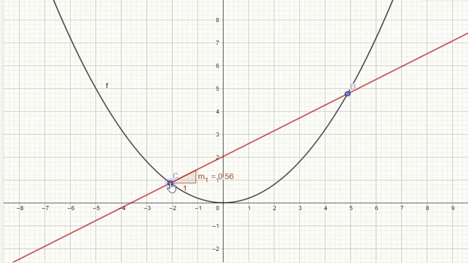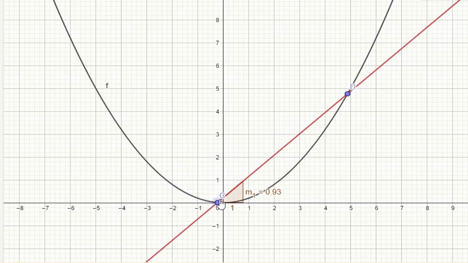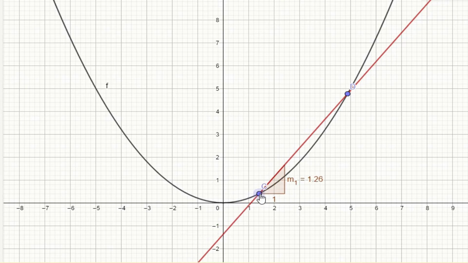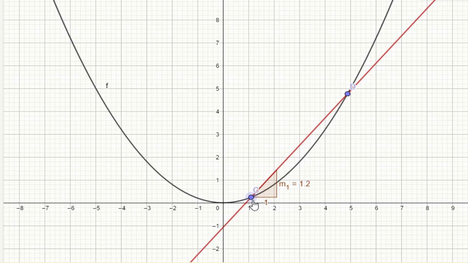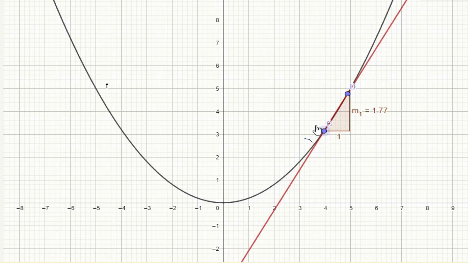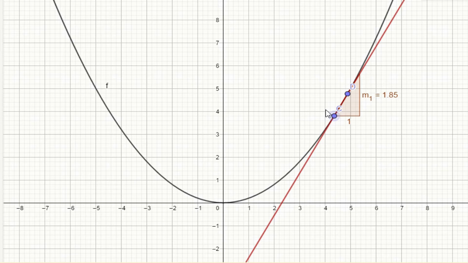As C is moved closer, you can notice that the slope, which is m1 here, is 1.13. The slope changes for sure because the line inclination changes, and not only that, the line becomes closer to the parabola itself.